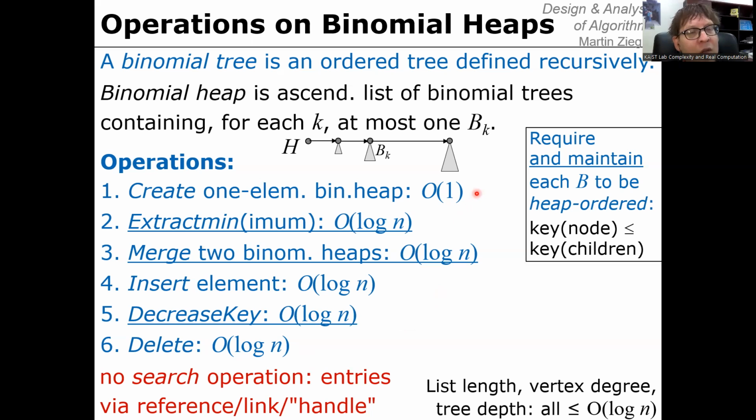Creating a one element binomial heap is also kind of trivial, right? We create a one element binomial tree and then turn that into a one element binomial heap. So what really is interesting and what we'll discuss on the next slide are the two operations, ExtractMin and DecreaseKey. And one slide after that, we're going to spend quite some time to discuss and recall the merge operation.